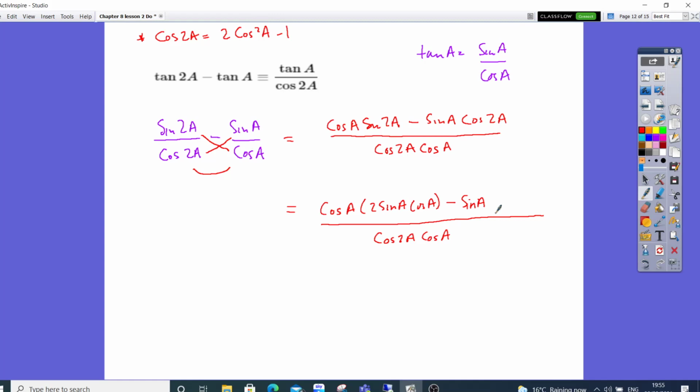So I'm going to replace that with this double angle identity. So if I put in 2 cos squared a minus 1, it'll become a lot clearer on the next line.